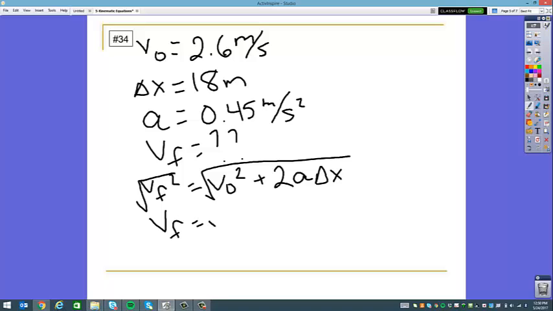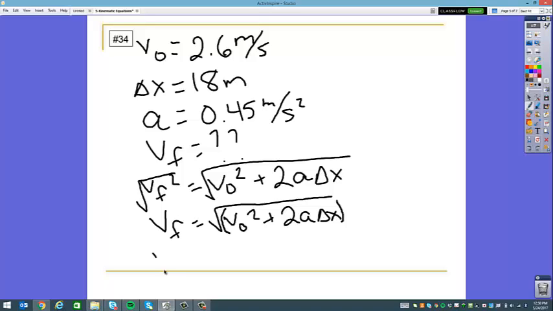So VF equals the square root of V naught squared plus 2A delta X. That squared on the right hand side does not cancel out with the square root, because you're square rooting last. So really you can think about everything being in parentheses.